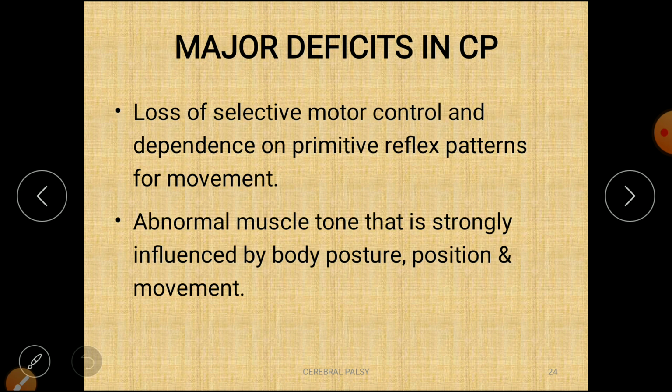Major deficits in cerebral palsy are loss of selective motor control and dependence on primitive reflex patterns for movement. That means even after a certain age, the primitive reflexes will remain and will not be lost, and the child will remain dependent on them. Okay, and selective motor control will be lost. That is the major deficit in CP. Then abnormal muscle tone is strongly influenced by body posture, position and movement.